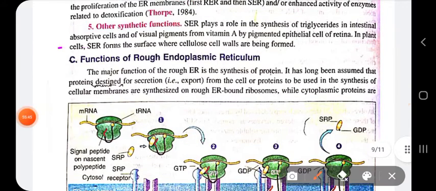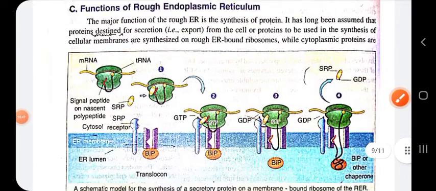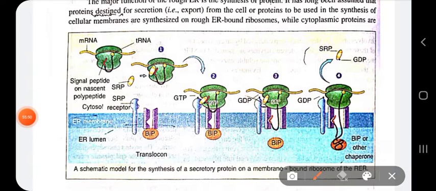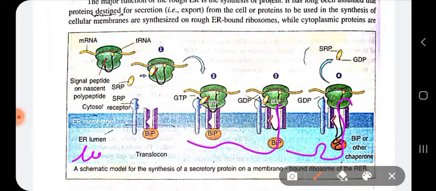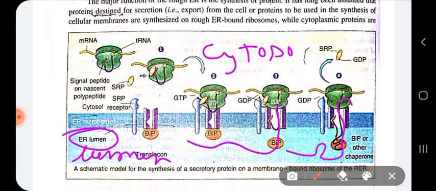Then the function of the rough endoplasmic reticulum shows how proteins are inserted into the lumen of the endoplasmic reticulum. This is the lumen as written here. This is the cytosolic side, and these are the ribosomes.